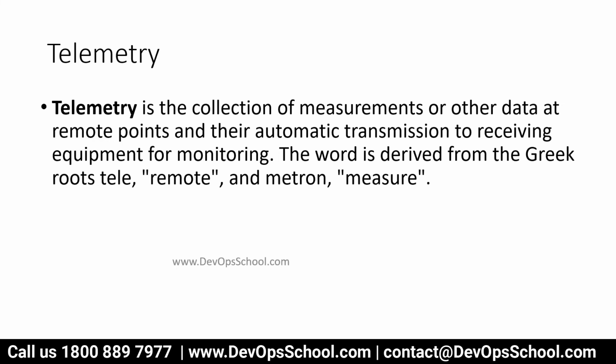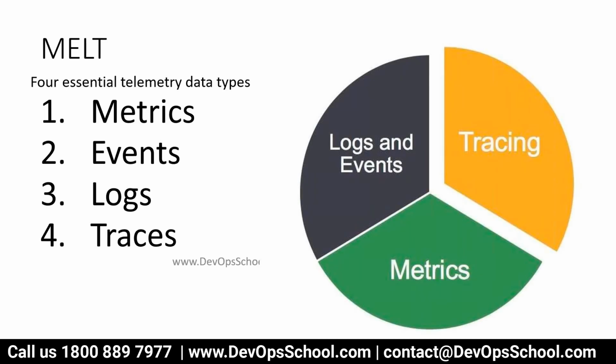The word is derived from the Greek roots tele, meaning remote, and metron, meaning measure. So what telemetry do we have? In short, we can call it MELT. The four essential telemetry data types are metrics, events, logs, and traces. That means if you want to set up observability, you need to gather metrics, events, logs, and traces.